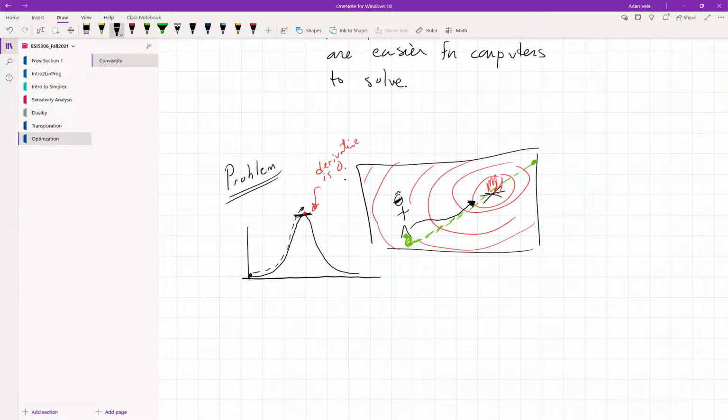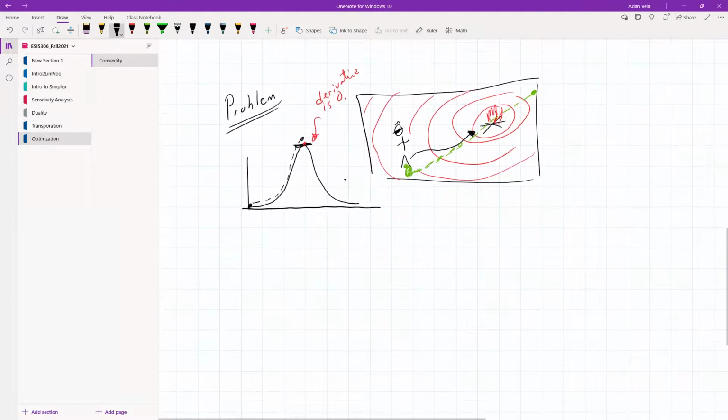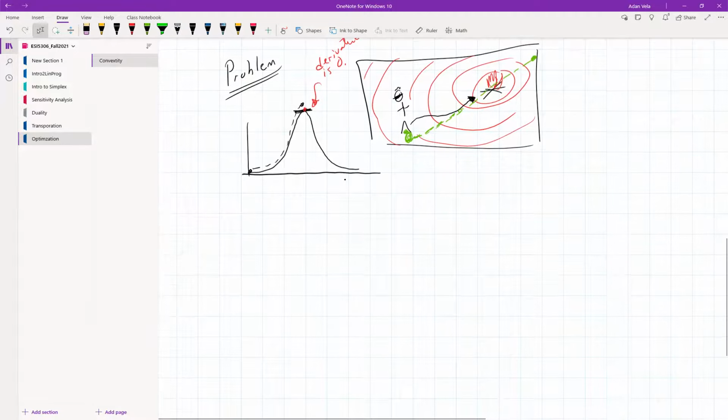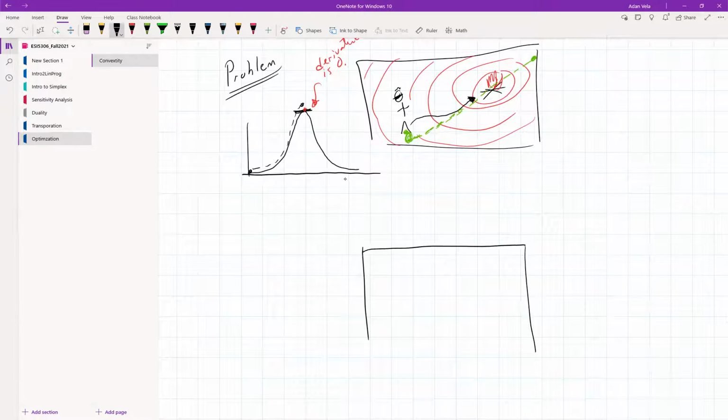So let me draw these two counterexamples, and it will give you some indication of how problems get harder for computers to solve. Let's say we had the same problem where our goal was to find the hottest spot in the room. And again, we had a fire over here, and let's pretend this is a really big fire.